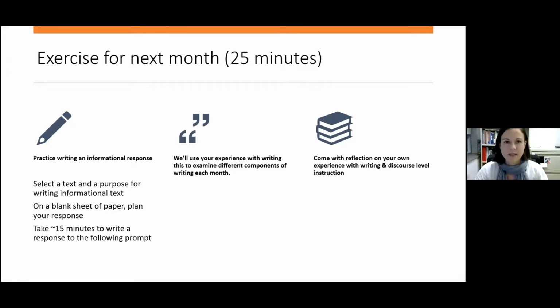We will use this experience throughout the next set of meetings to draw upon and to think about connecting to instruction. We'll start out the next meeting with reflecting a little bit on this discourse level piece that we talked about, and then dive into the next concept that's for next week.